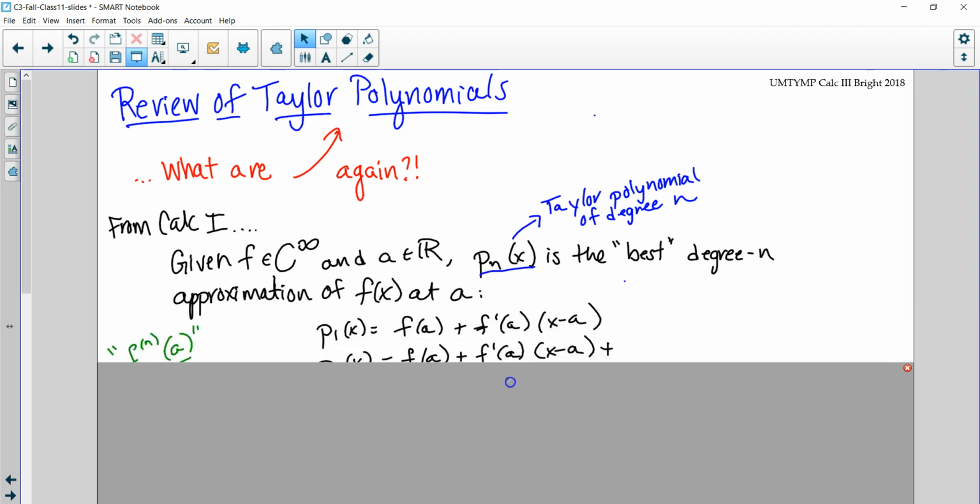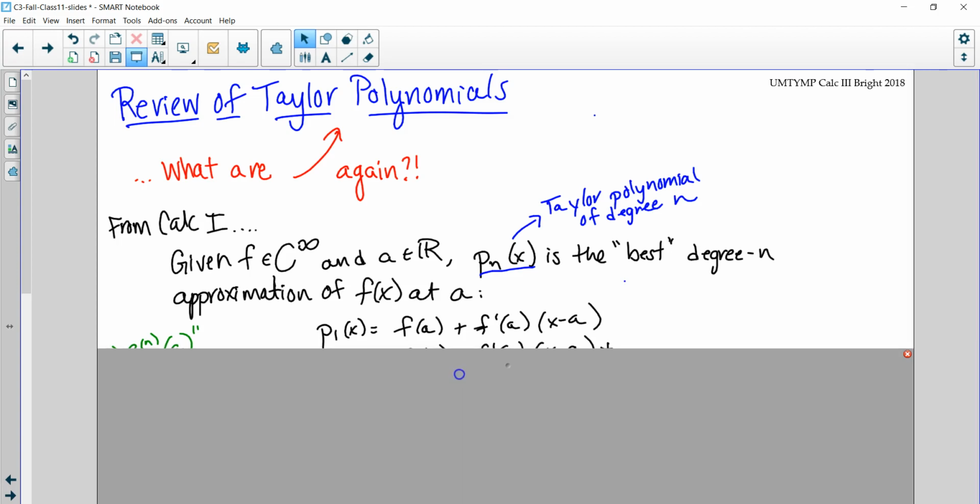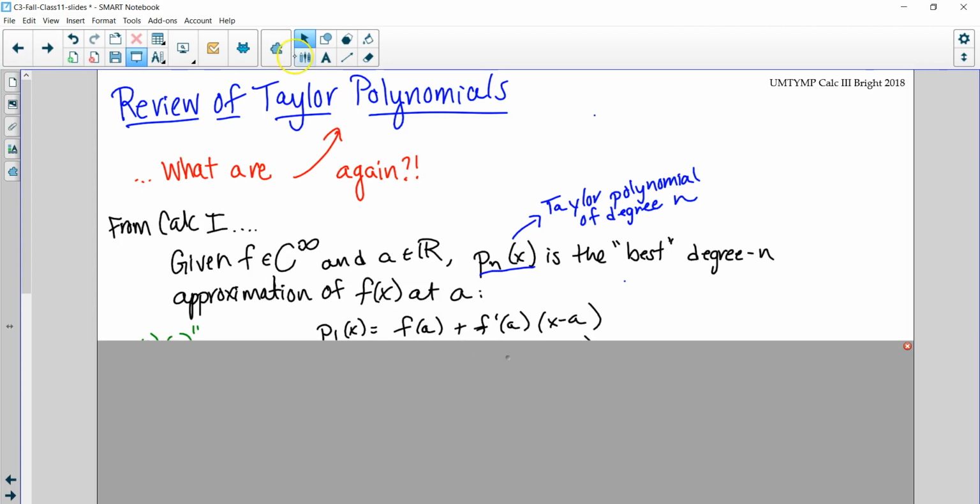Okay, and so for p1 of x, we had f of a plus the derivative at a, times x minus a. This looks an awful lot like a tangent line.